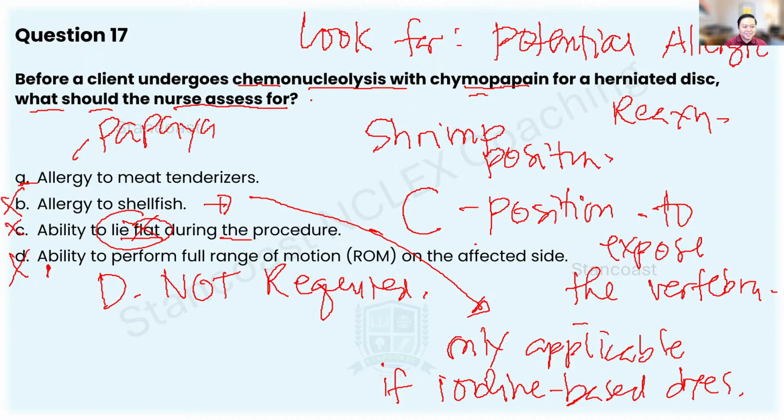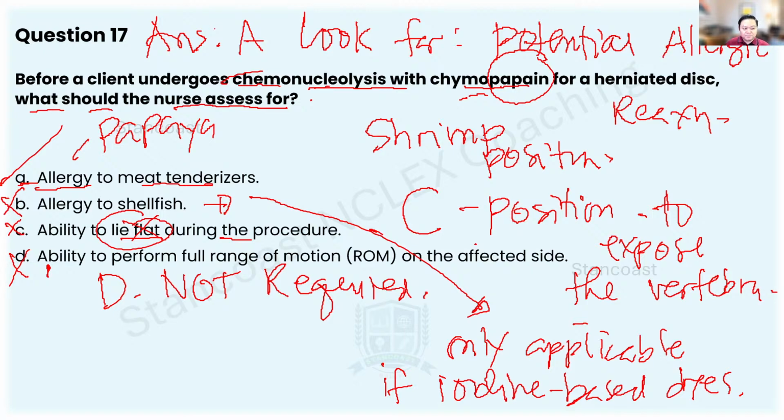It is a meat tenderizer. That is the correct term. The substance itself is derived from the papaya, and we know that papaya is a meat tenderizer. So that's something new, right? Did you know this? Probably not. But again, our answer here is letter A. Chemonucleolysis with the use of the chymopapain. That's the clue right there.